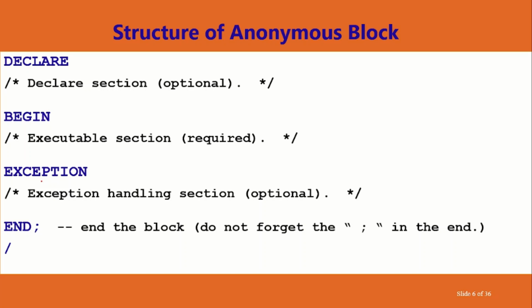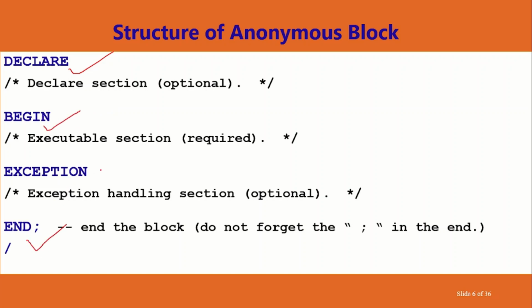This is the PL/SQL program structure, also called an anonymous block. It has a declaration section where you can declare the variables, and then the actual beginning of the code and the end of the code.